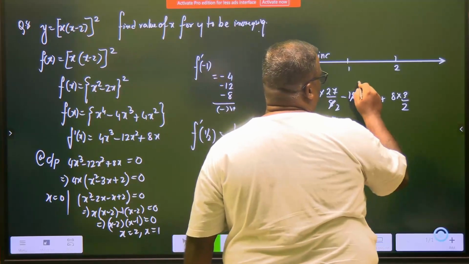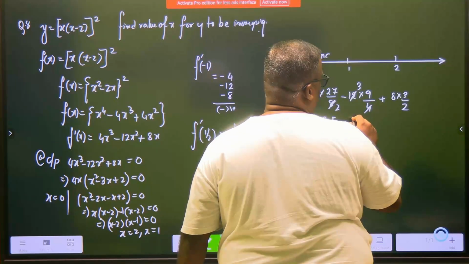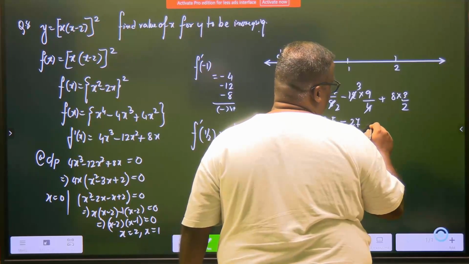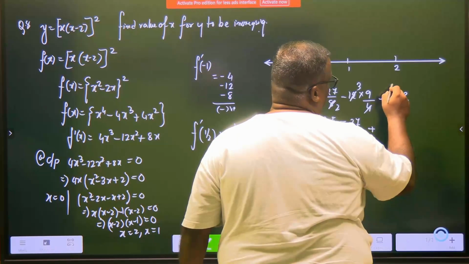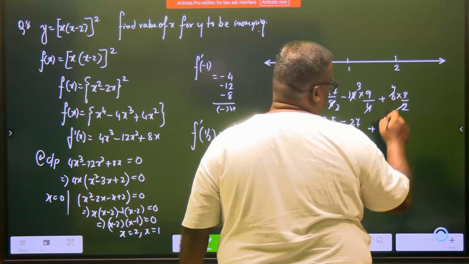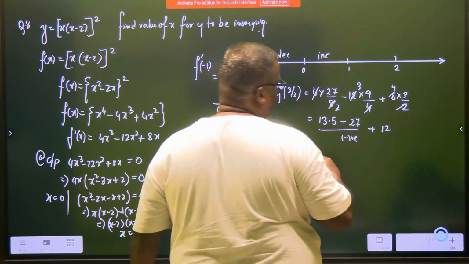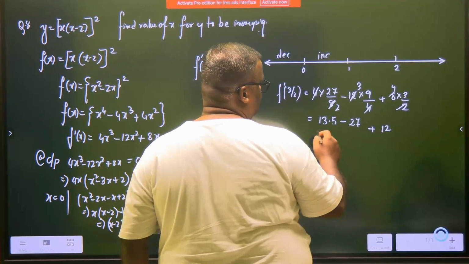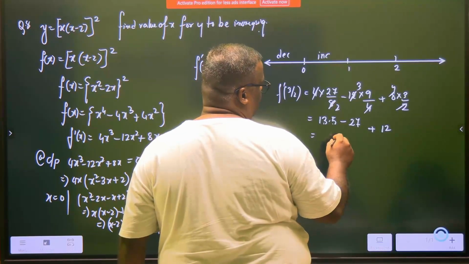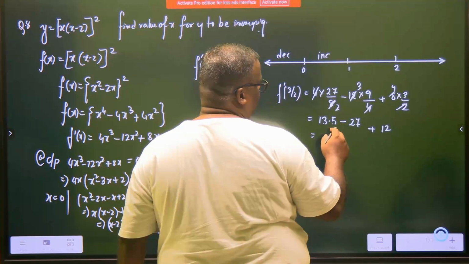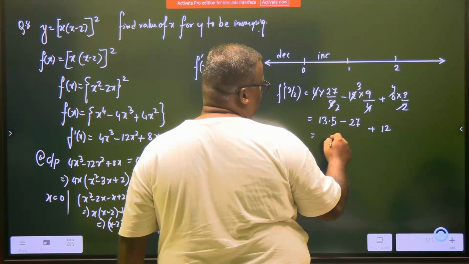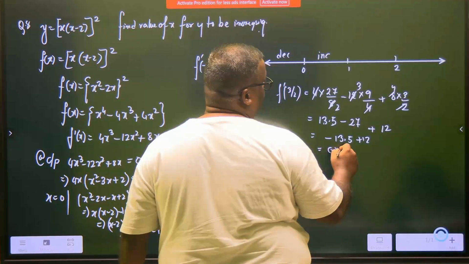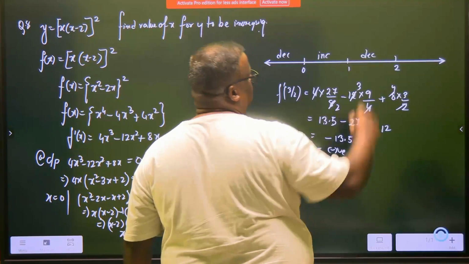This part gives me negative 27, and with this part you add 12. So we have 13.5 minus 27 is minus 13.5, and plus 12. So this is negative. The function is decreasing in this slot.